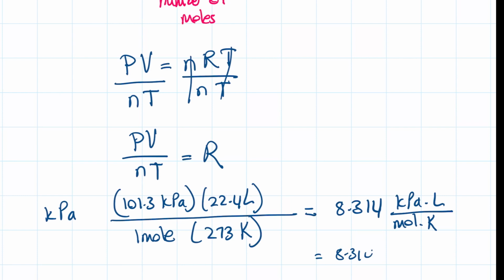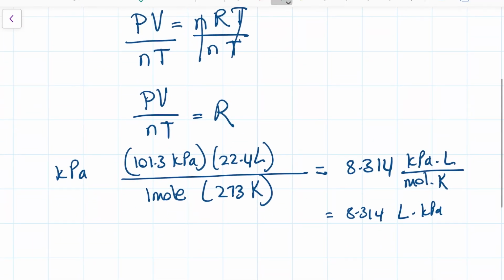Or you could say 8.314 liters times kPa over Kelvin moles. It doesn't matter. So this is the R value that we use when we have liters, kilopascals, kelvins, and mole.